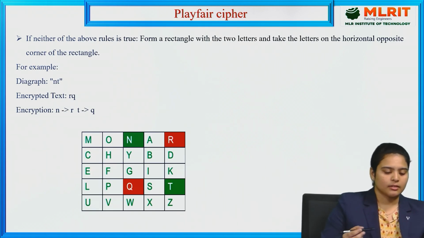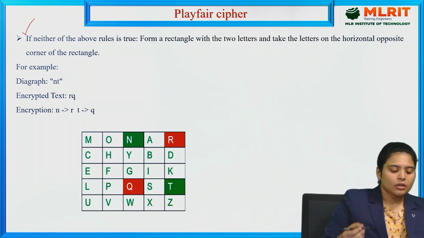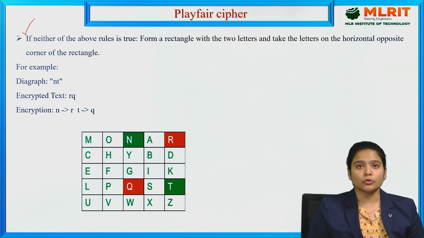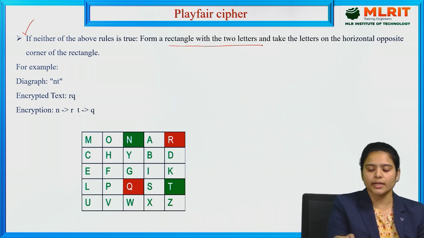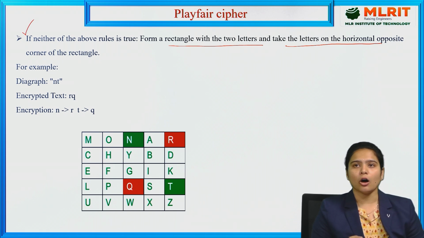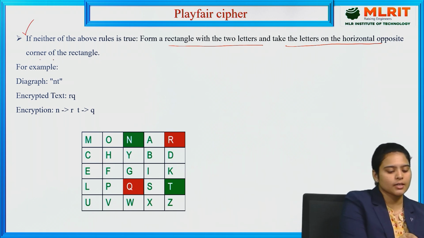The next, third rule: if neither of the above rules is true, what should we do? Form a rectangle with the two letters and take the letters at the horizontal opposite corners of the rectangle.